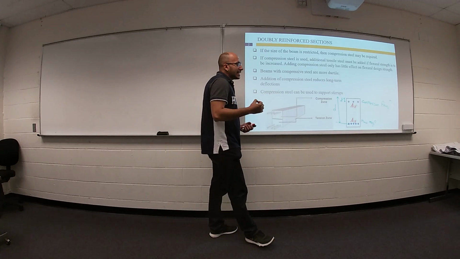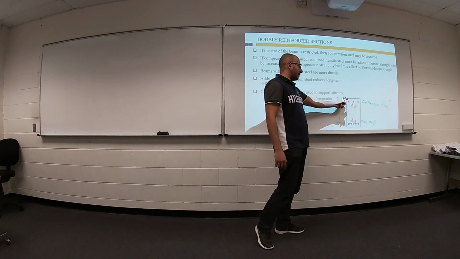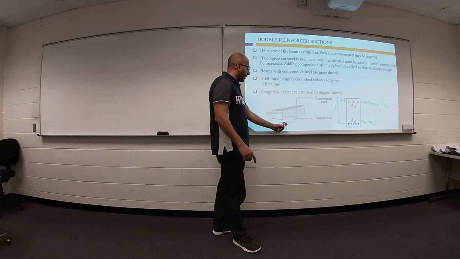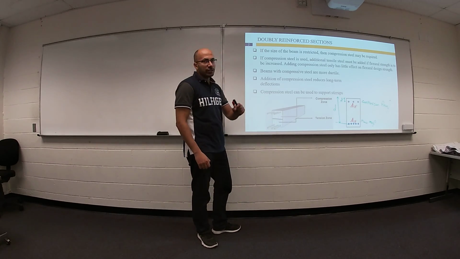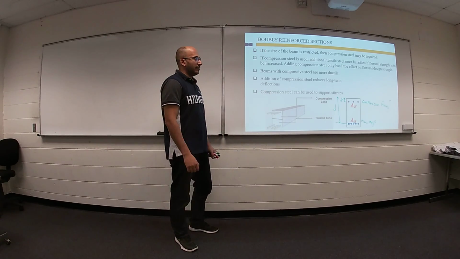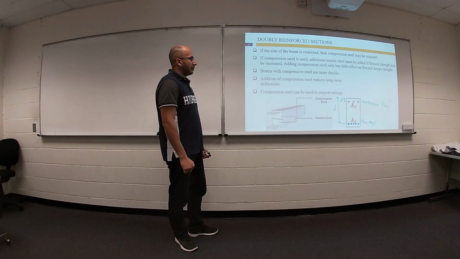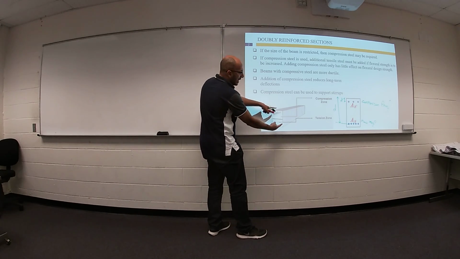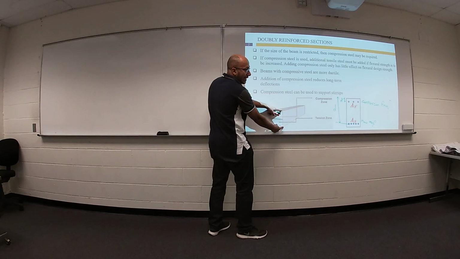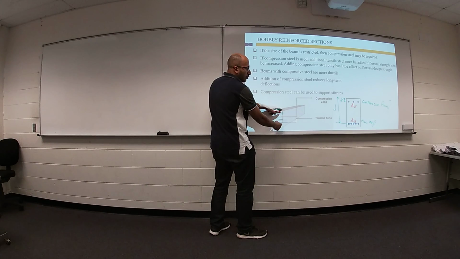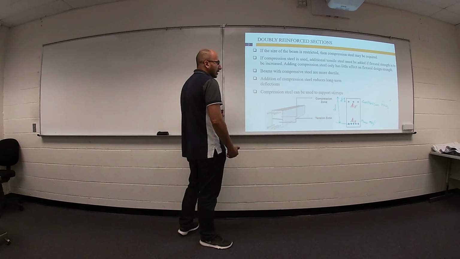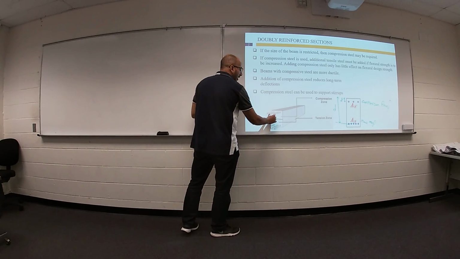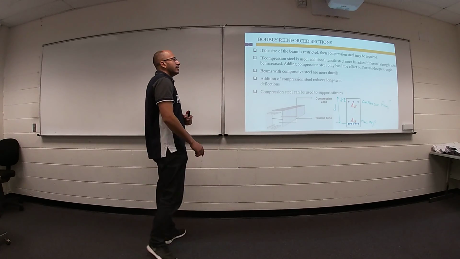When I need to add compression reinforcement, if your concrete cross section is not enough, we have limited depth of concrete cross section, so we need to compensate this shortage of concrete by additional reinforcement on the compression side.